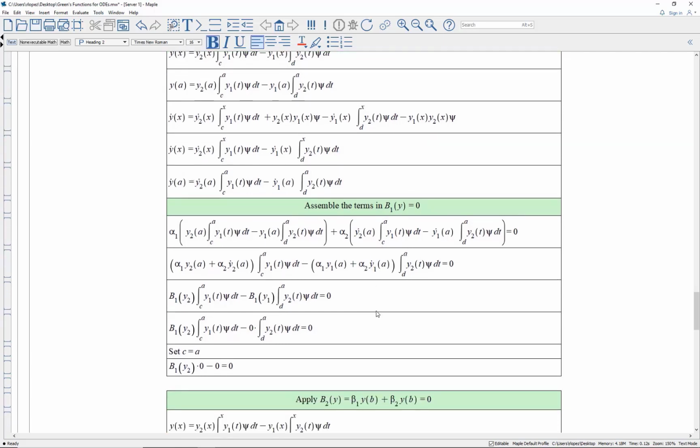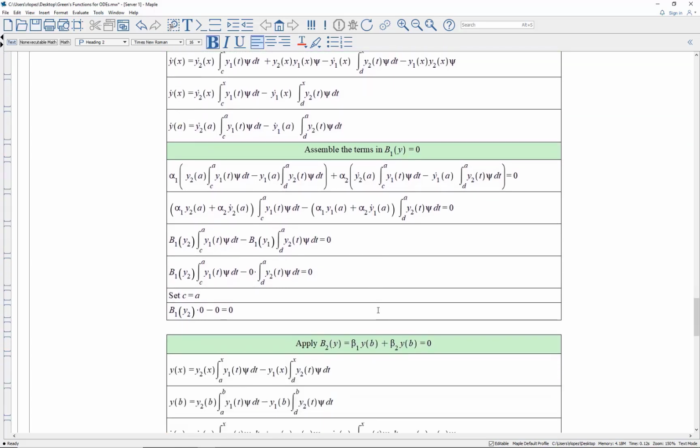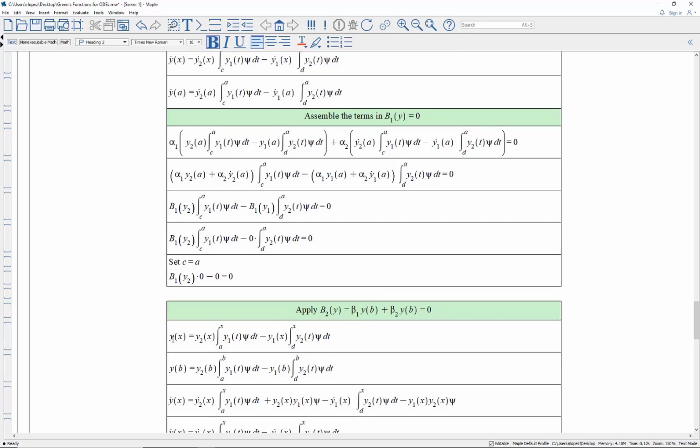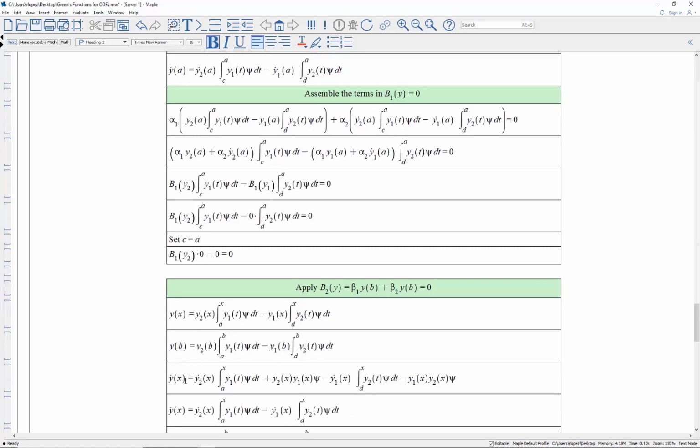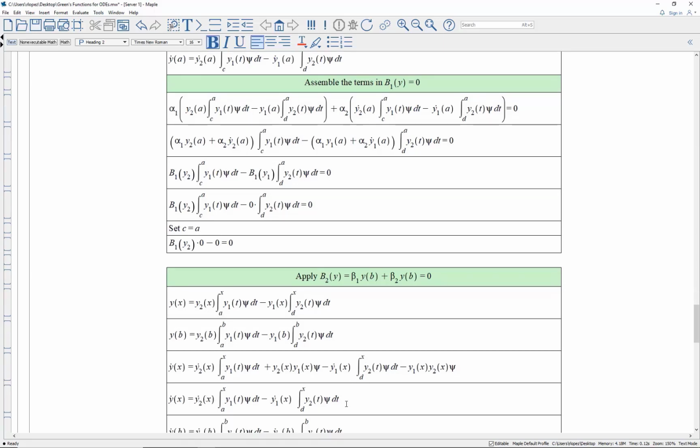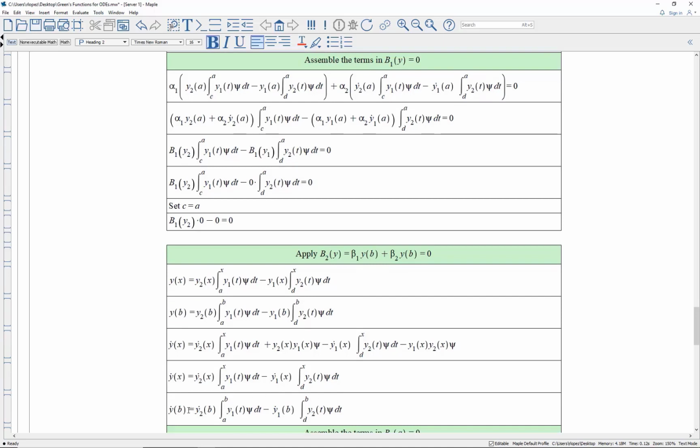Now I've got to do the same thing for the other boundary condition. This is the expression for y. You have to evaluate y at b. Then you have to take the derivative. The derivative boils down to these two terms. Then you evaluate the derivative at b.